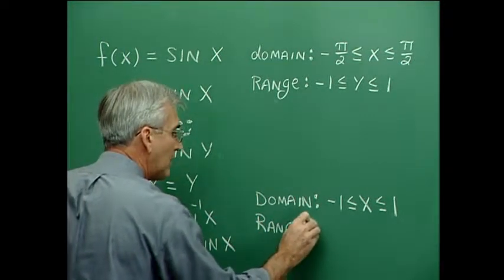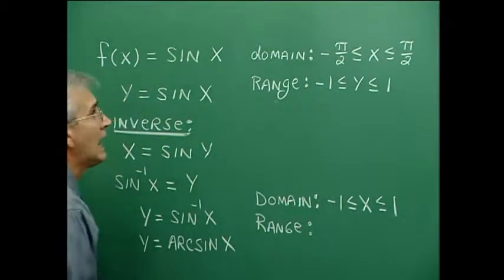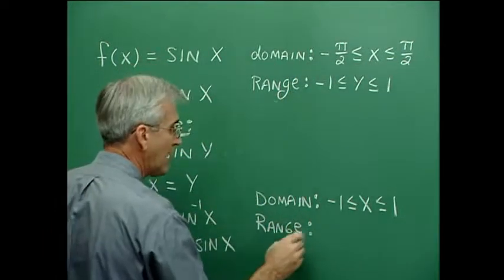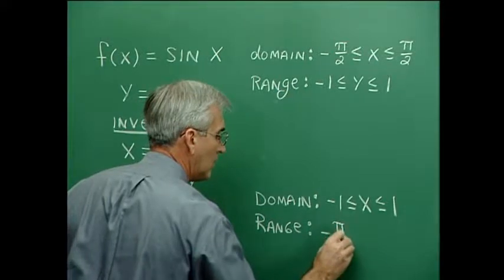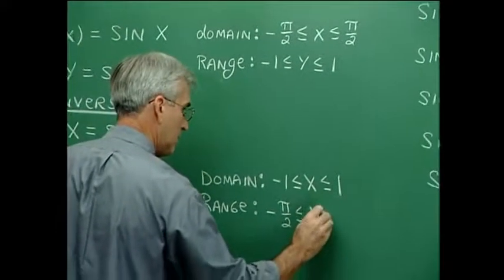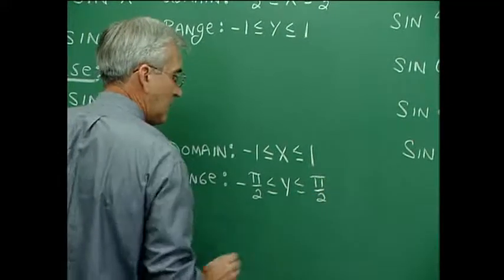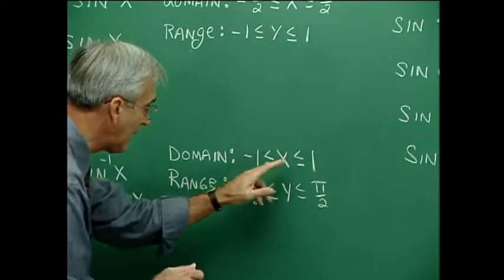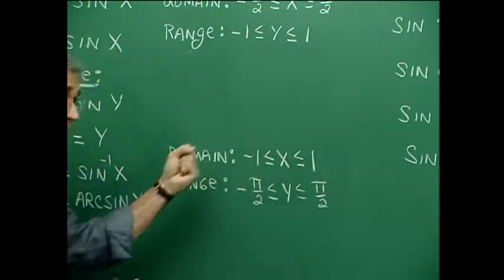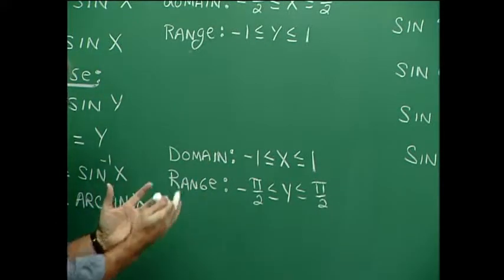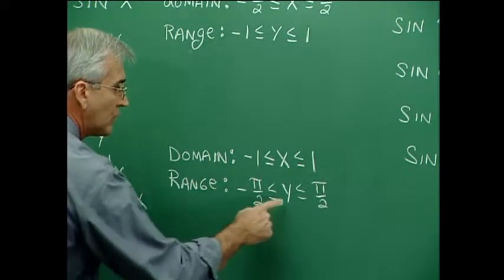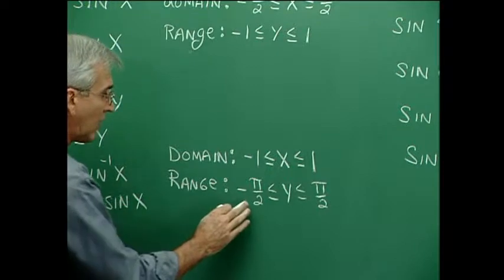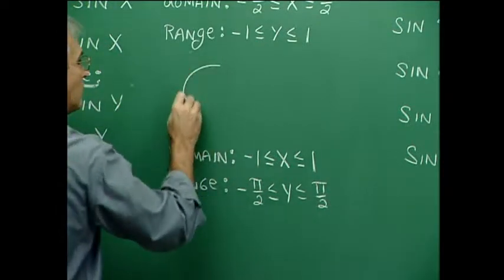Now, the range of our inverse corresponds with the domain of the original function, and that domain was limited to negative pi over 2 to pi over 2. So the range here is from negative pi over 2 to pi over 2. Now, here's what that means. Once we take the inverse sine of these x values between negative 1 and 1, what we come out with are angles. And those angles fall between negative pi over 2 and pi over 2. And from the standpoint of quadrants, let's look at quadrants.